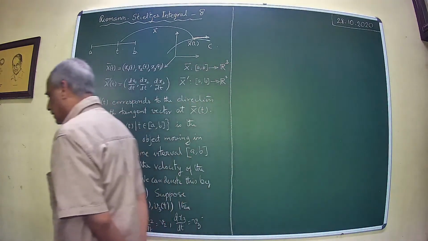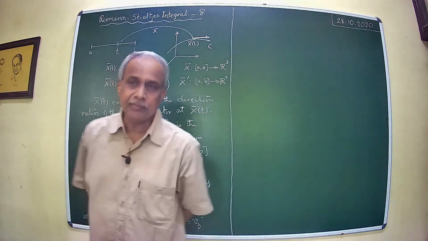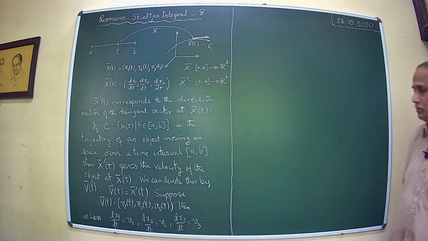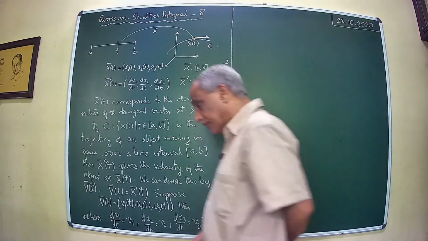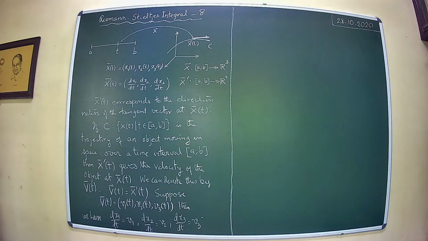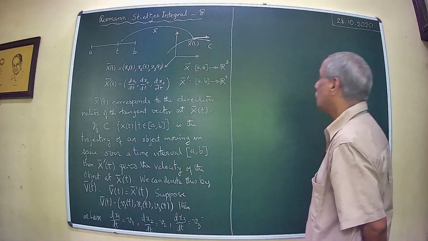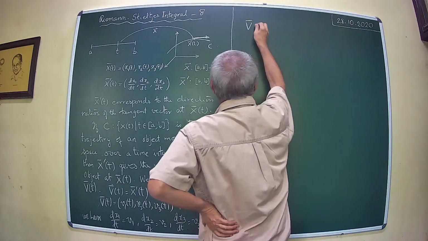If a particle is moving with velocity v, which is given, during the time interval a to b, then what is the path of the particle? So the situation is this: v is given, that is, the velocity is given.